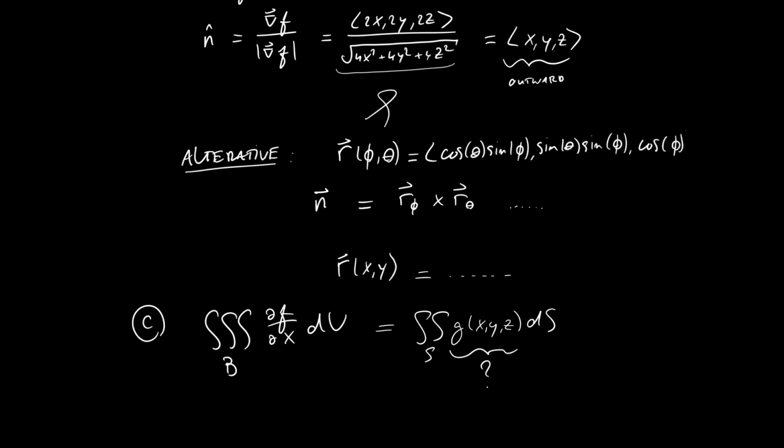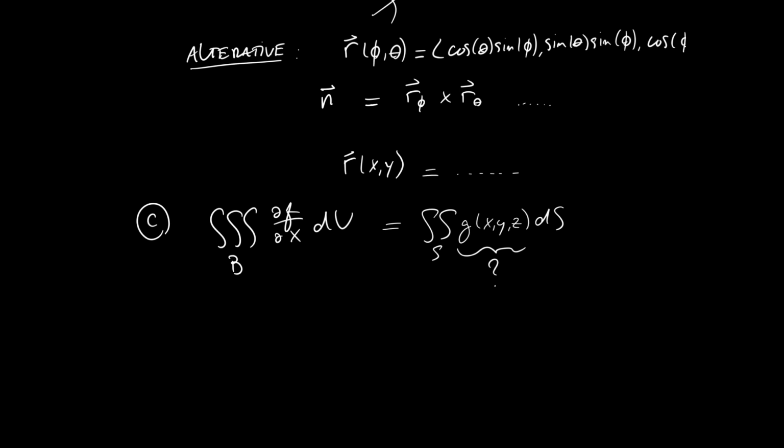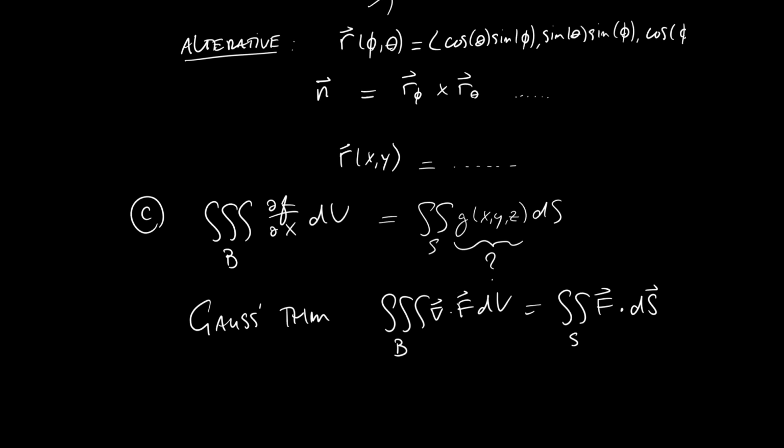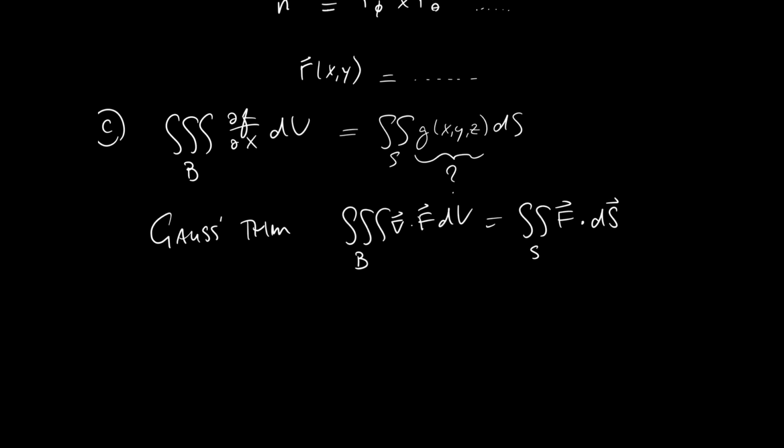All right, so this is a triple integral that's equated with a double integral. That really reminds us of Gauss's theorem, so let me write up Gauss's theorem. Gauss's theorem states that a triple integral over region B of the divergence of a vector field is equal to the double integral over the boundary, which in this case is S, of the vector field itself. So let's use what we know about the vector field F to rewrite Gauss's theorem.